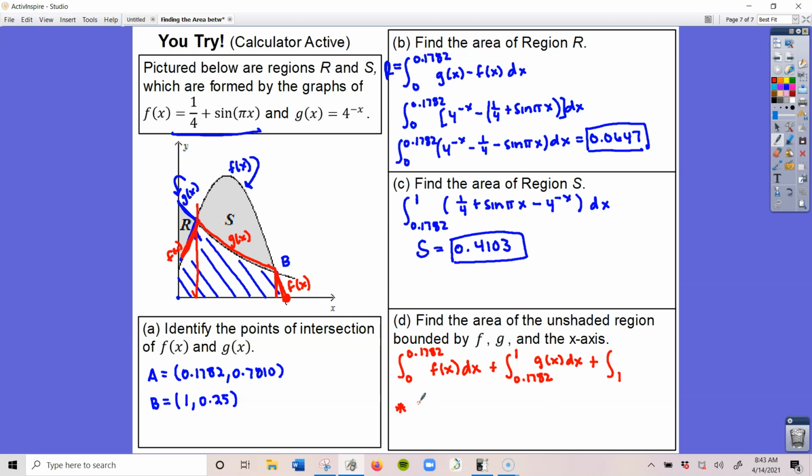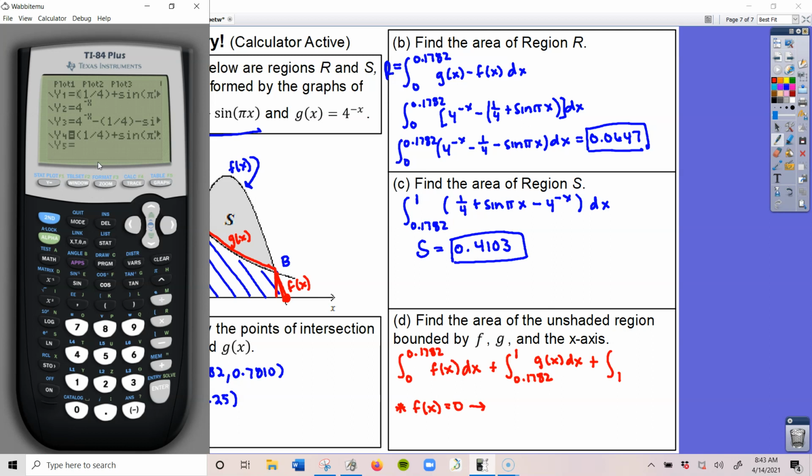So I'm going to put here f of x is equal to 0, and I need to find that point of intersection. So f of x is this function here, so I'm going to go to my calculator. I can deselect this one because I don't need it anymore, and I'm going to select only f of x.